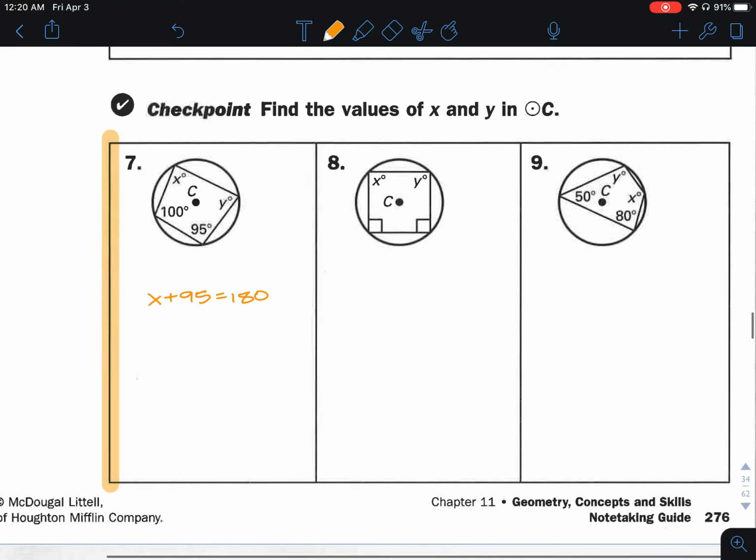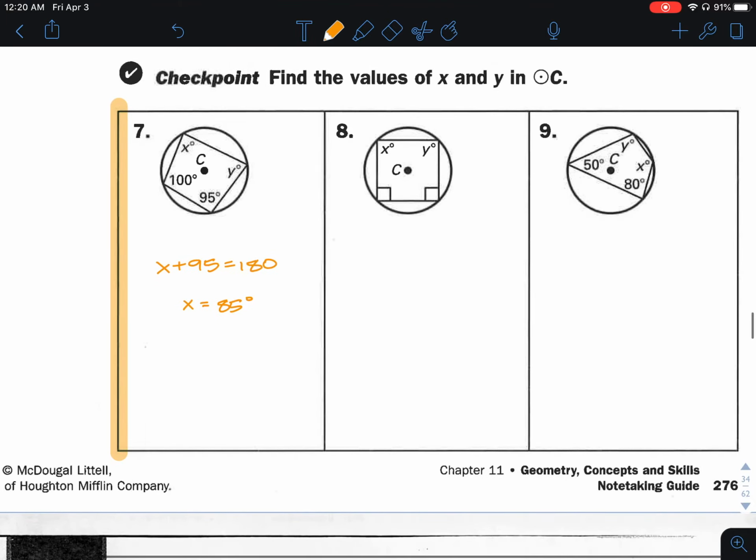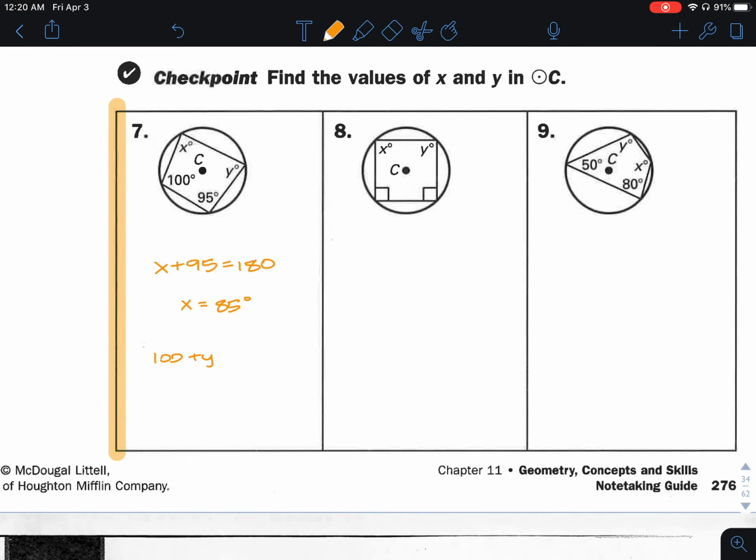Subtract my 95 over, I get x to be 85 degrees. Same thing for y. My opposite angles are 100 and y, so I have 100 plus y equals 180. Subtract the 100, I get y to be 80 degrees.